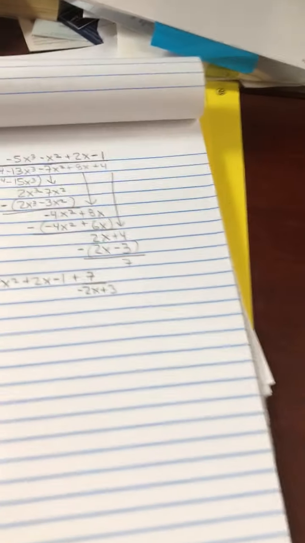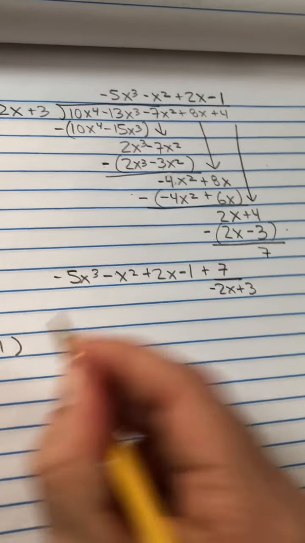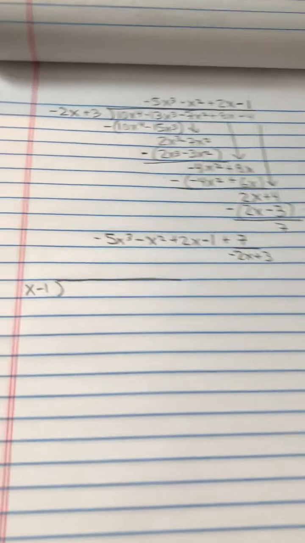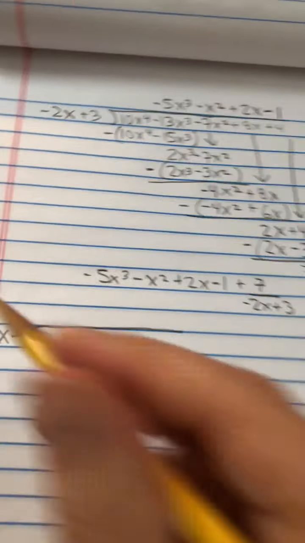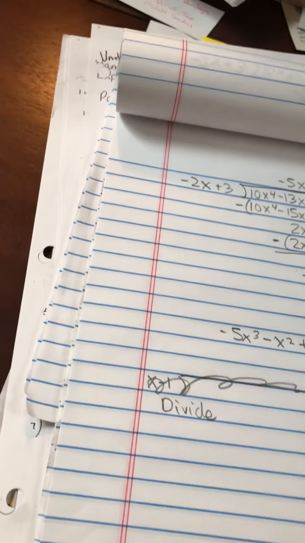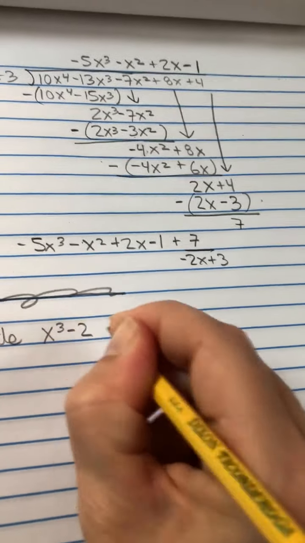Okay, the next one, x minus 1 divided into x cubed. Okay, let me back up a little bit here. What they're asking to do here is to divide x cubed minus 2 by x minus 1.